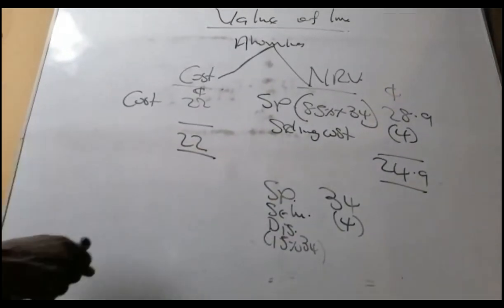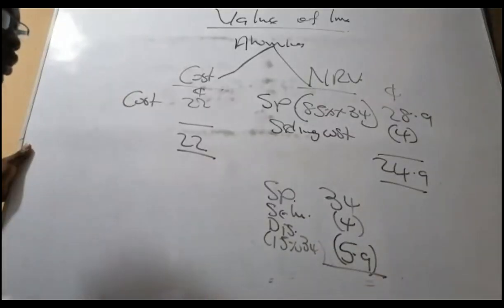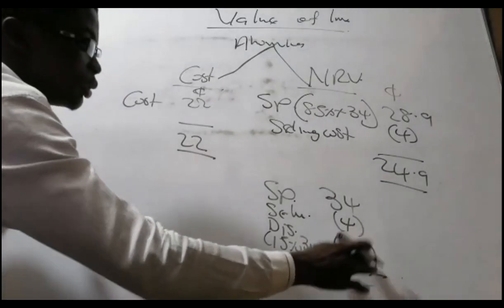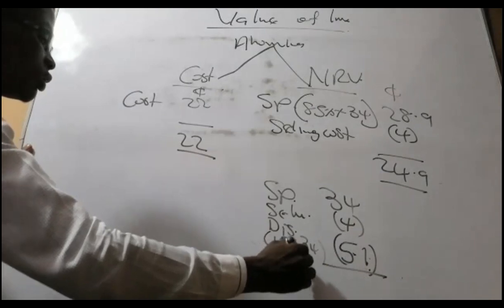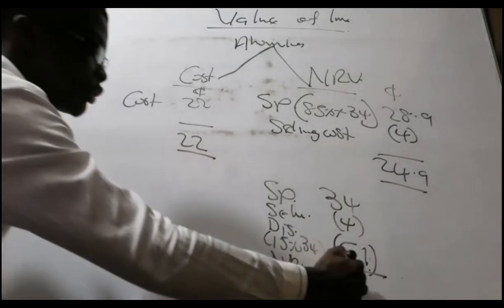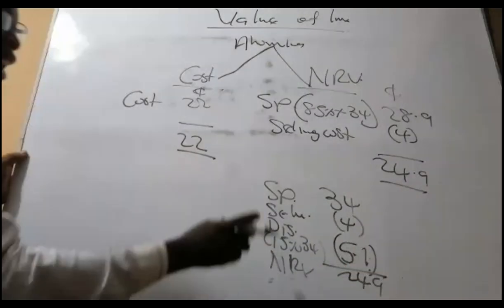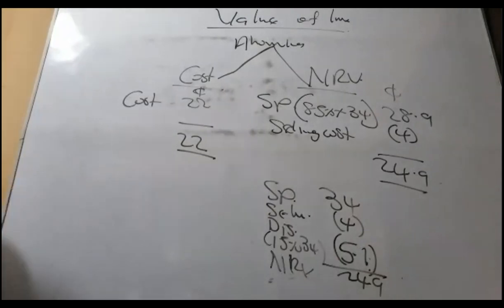Then you subtract. So this will give us the NRV, net realizable value, of 24.9. Either you select this one or this one, any of them, and you'll be fine.